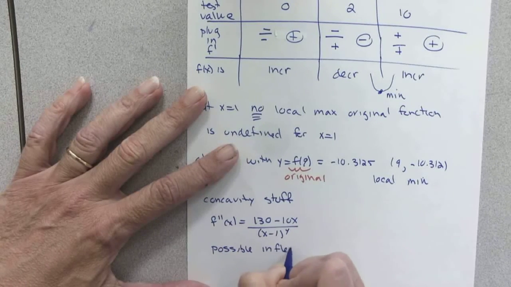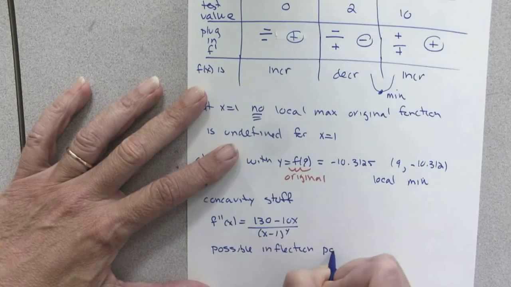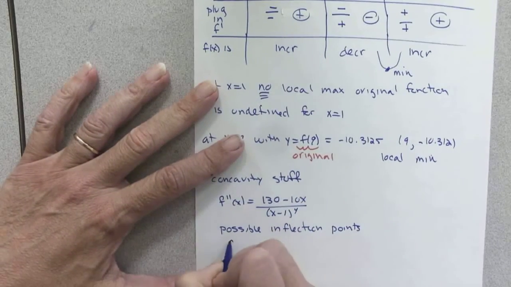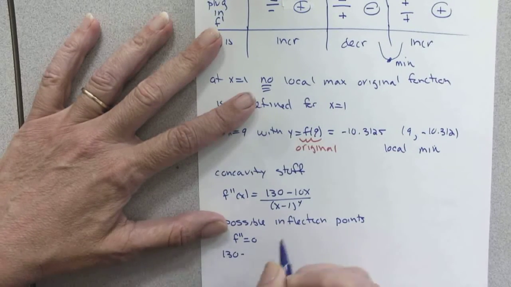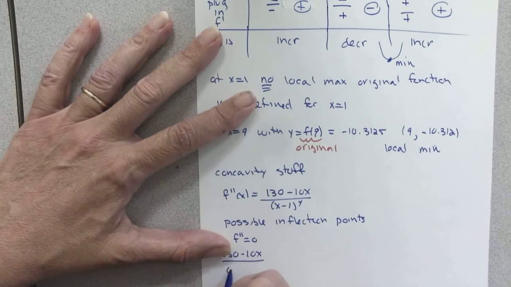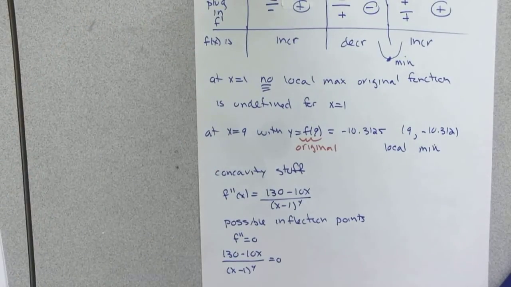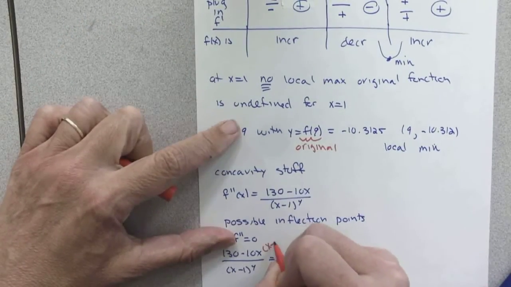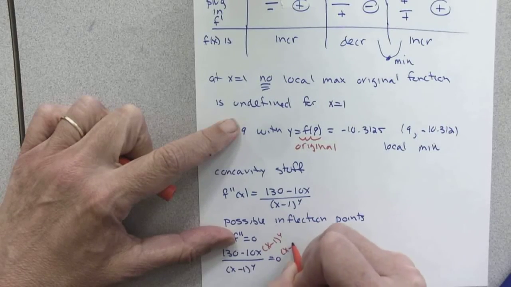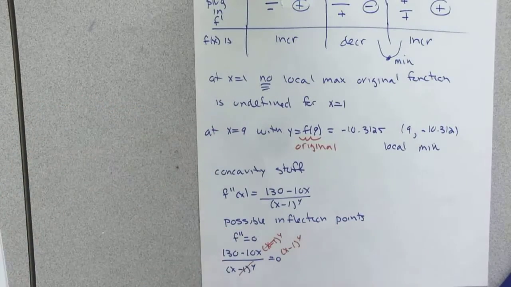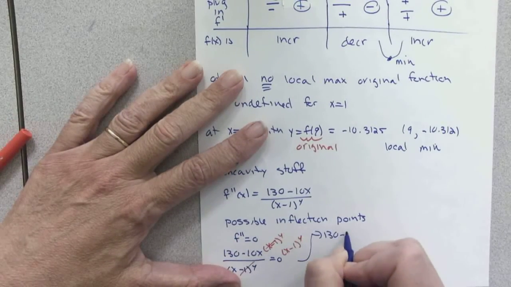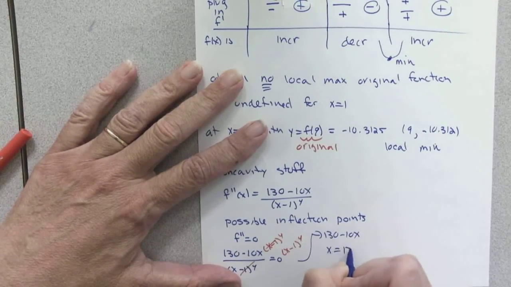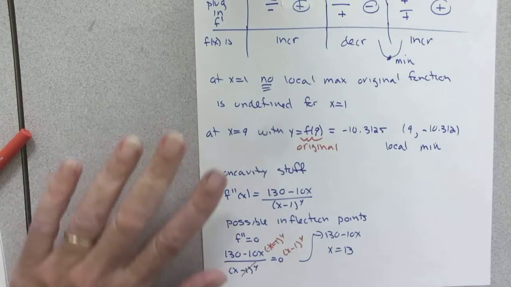Possible inflection points: second derivative equal to 0. Give me 130 minus 10x over x minus 1 to the 4th equals 0. Clear that fraction. And without too much fuss, I get 130 minus 10x, which will give me x equal 13.